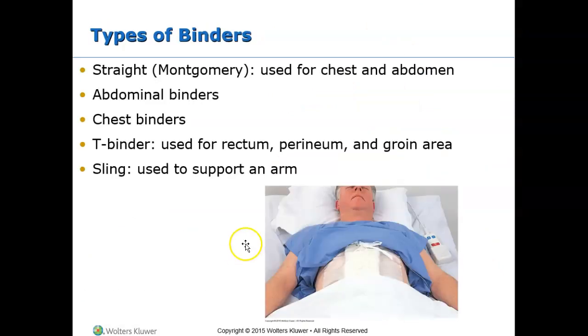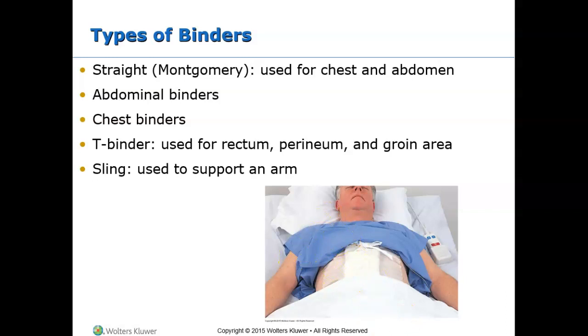All right. And then we have binders. There are different types of binders. I don't know that it's necessary to know all of the different types, but know that we use them in abdominal surgery. I feel like you can read and see a little bit more about those. We use slings to support arms.